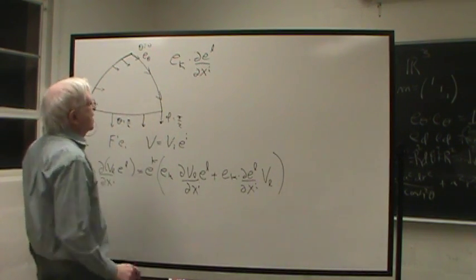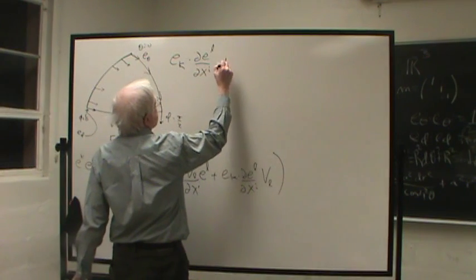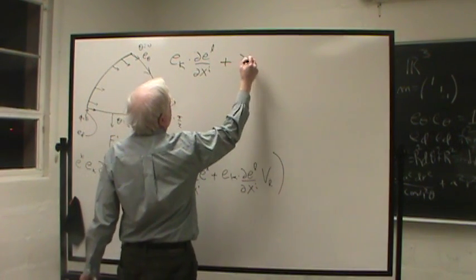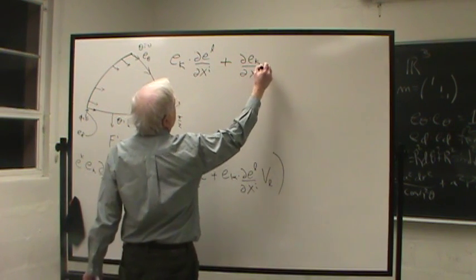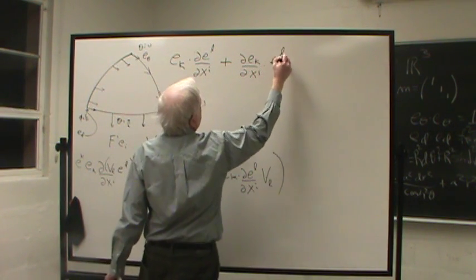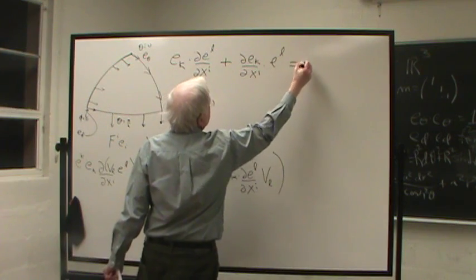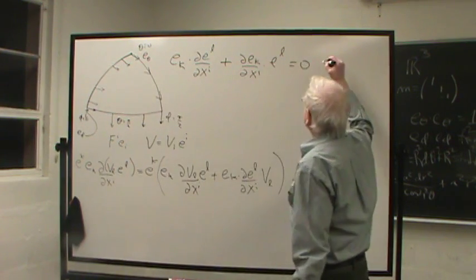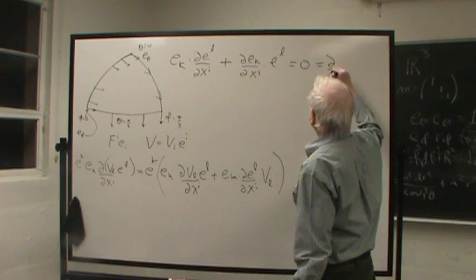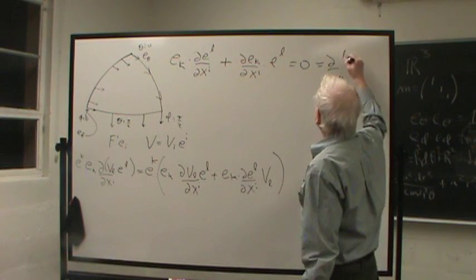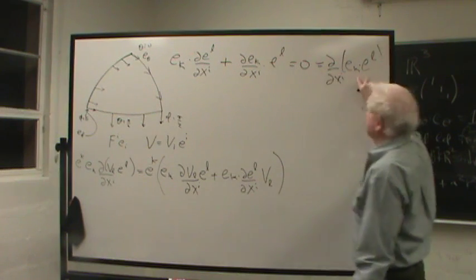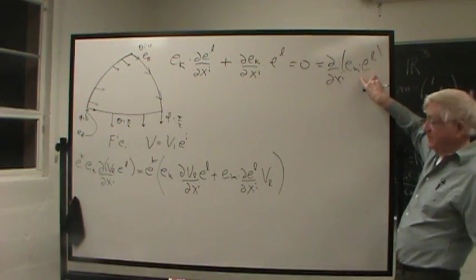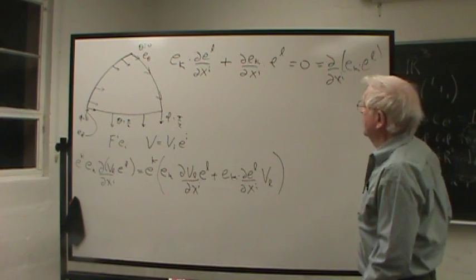Well, what we know is that this plus partial EK partial XI dot E sub L has to be 0, because that is just partial XI of EK dot EL, and that's just a Kronecker delta that's independent of coordinates.